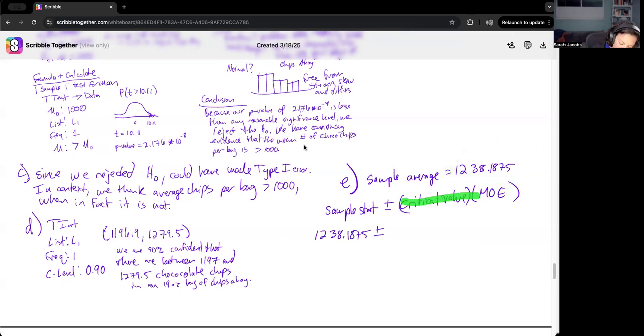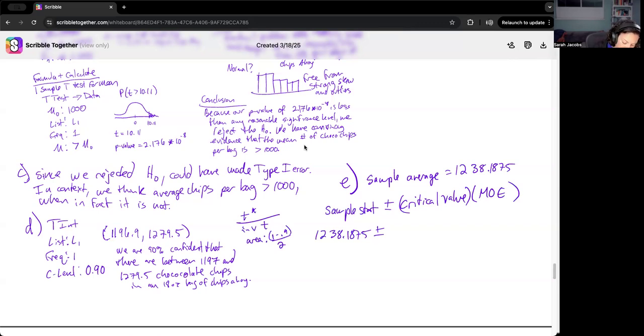So to find our T star, our critical value for 90%, we're going to use inverse T. Our area is 1 minus 0.9, that whole thing divided by 2, because we want that even distribution. So the area is going to end up being 0.05 because that's half of the 10% left.